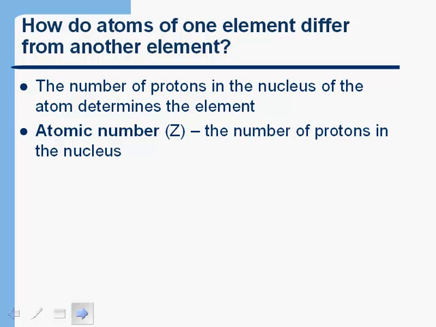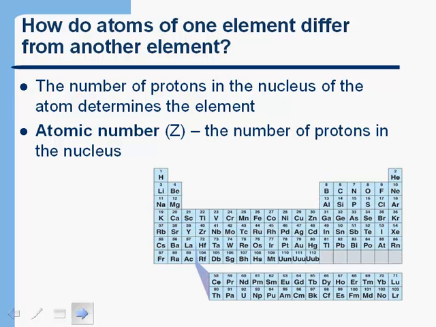Notice that that's different than the atomic mass number that we just talked about. The atomic number, which we represent by the letter Z, represents the number of protons in the nucleus. If you look at a chart of the periodic table, you'll notice that there are always these numbers on the periodic table, and those simply correspond to the atomic number.